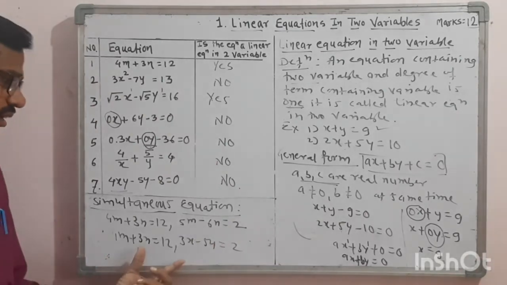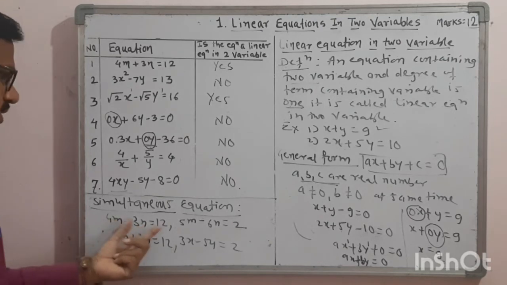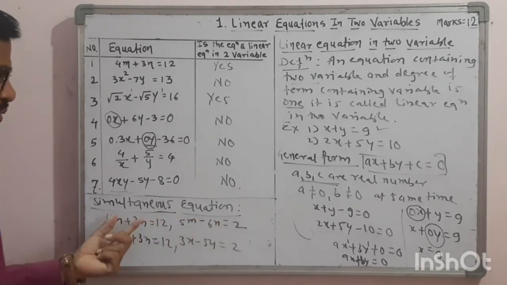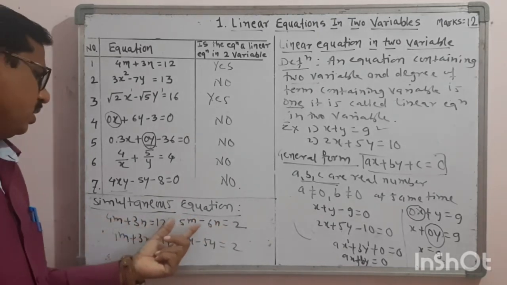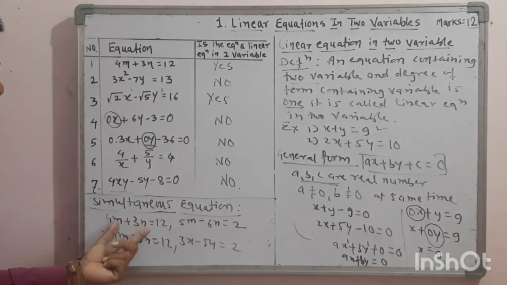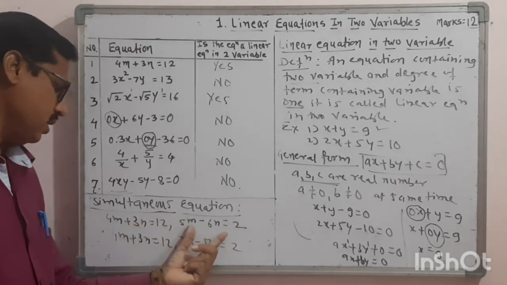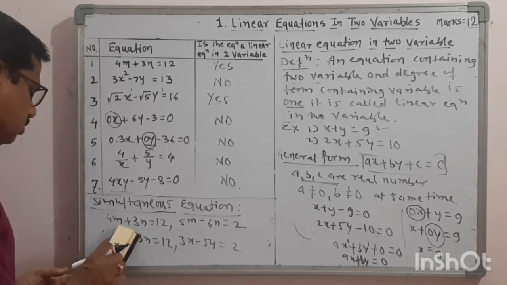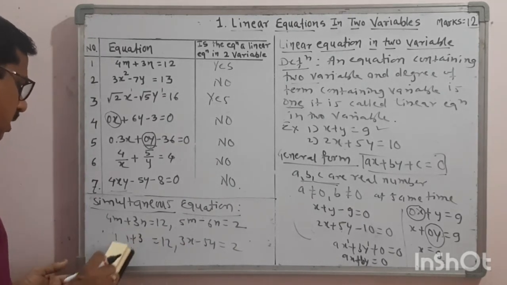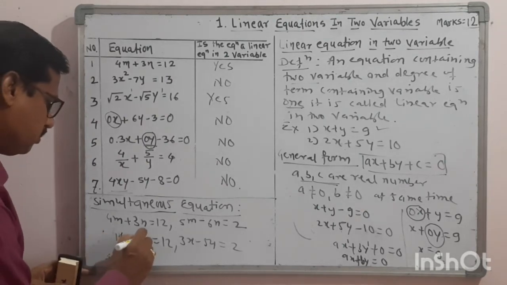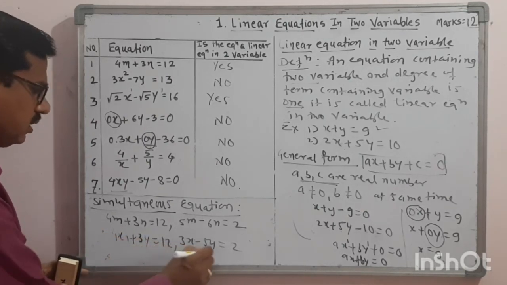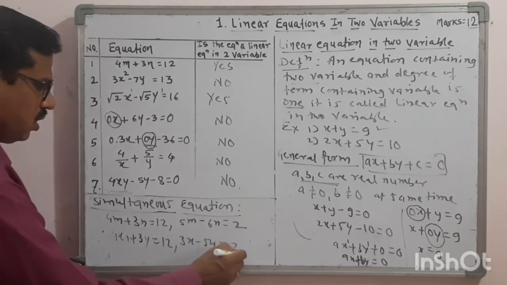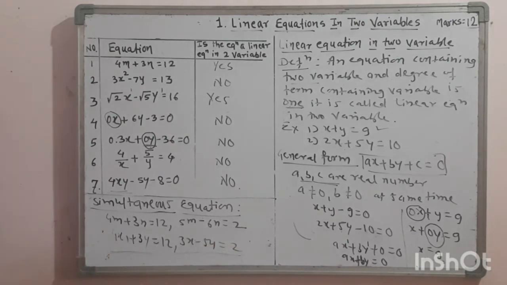We remember that the variables must be the same. We have taken two equations, and the variables must be the same. If the first equation is in m and n, the second equation is also in m and n. If the second equation is in x and y, the first equation is also in x and y. Here 4x plus 3y is equal to 12 and 3x minus 5y equal to 2. We call these simultaneous equations.